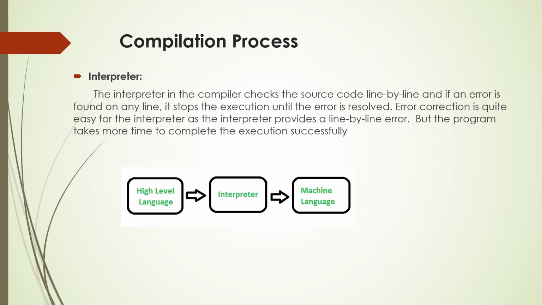Let us understand this with a real-life example. Imagine that a teacher is reading a story to a class. After reading each sentence, the teacher explains its meaning before moving to the next sentence. If a student asks a question about the third sentence, the teacher stops, answers the question, and then continues. This is similar to how an interpreter works.